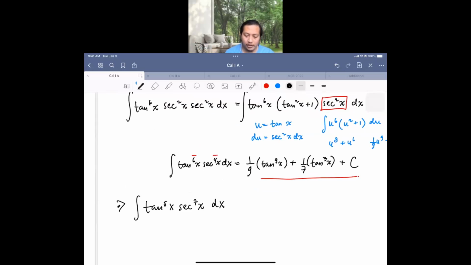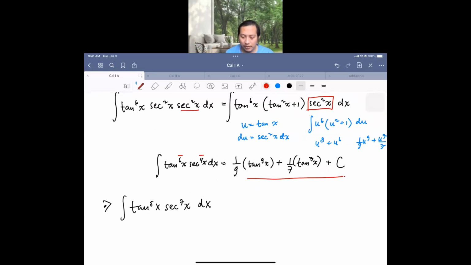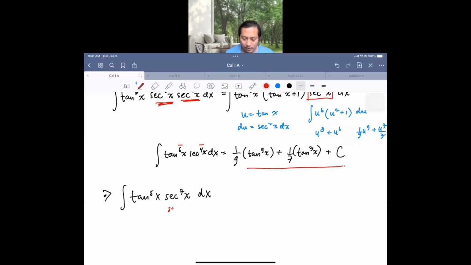And of course, if we are trying to do the same thing with the secant squared here, and we take this to become secant 5 and secant squared, this is still difficult to control and to integrate, right? So it's not the best way to look at it. So what's the deal for this case? So let's separate.